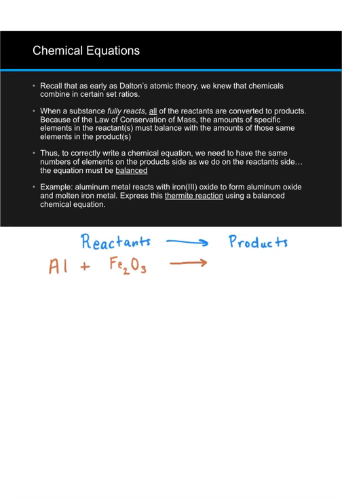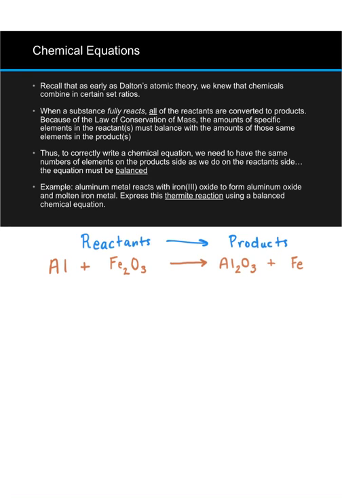Our first product mentioned in this example above is aluminum oxide. Aluminum has a 3+ charge. Oxide has a 2- charge. To balance charges, we need 2 aluminums for every 3 oxides. Lastly, molten iron metal is formed, Fe.